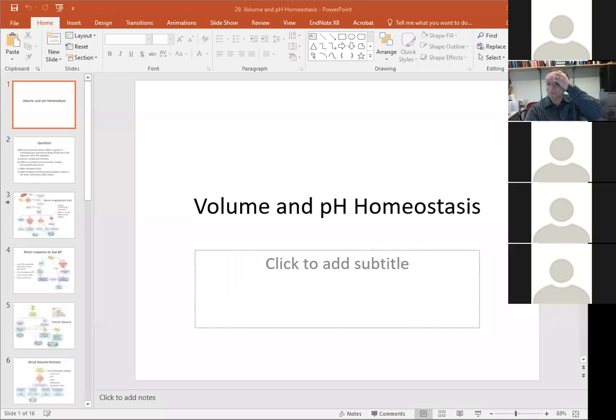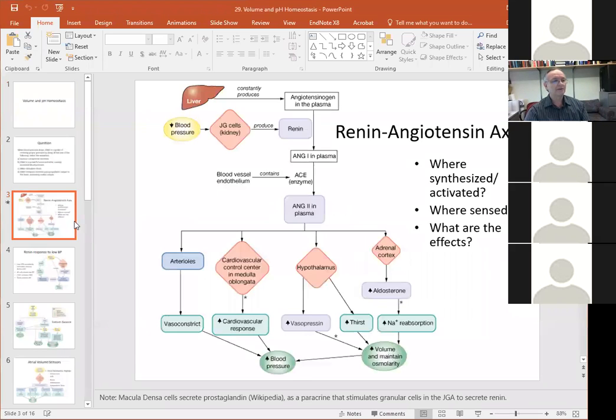Ian? We're learning the details about the RAAS, renin-angiotensin aldosterone system. The renin-angiotensin aldosterone system involves a hormone named for coming from the kidney.